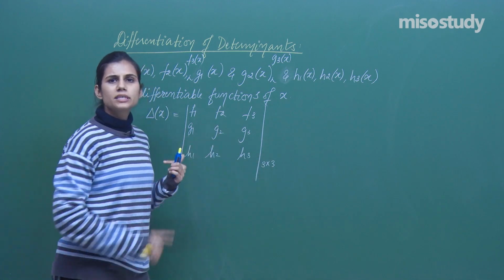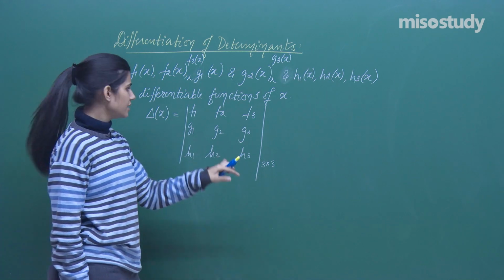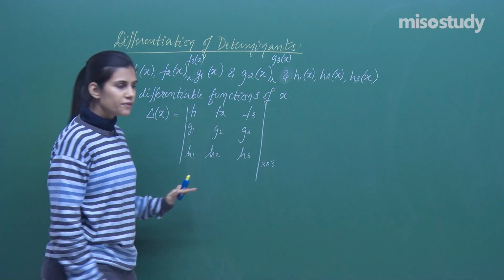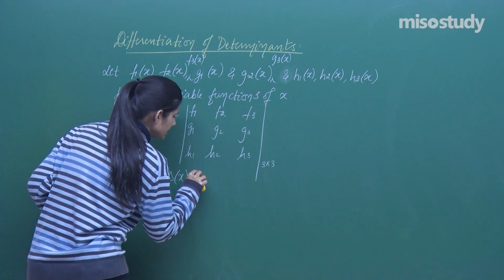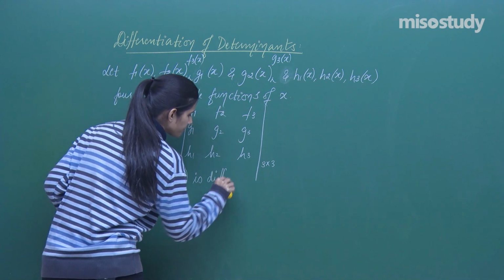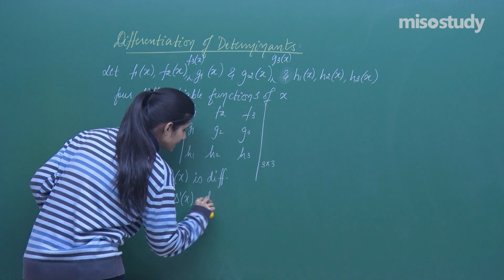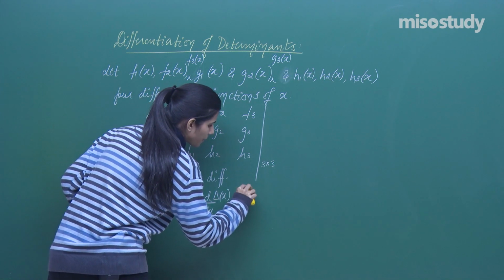Eventually that entire representation is going to represent a single differentiable function of x. When all these are differentiable, any algebraic combination is also differentiable, which eventually means delta x is differentiable, which implies delta dash x, or d by dx of delta x, exists.